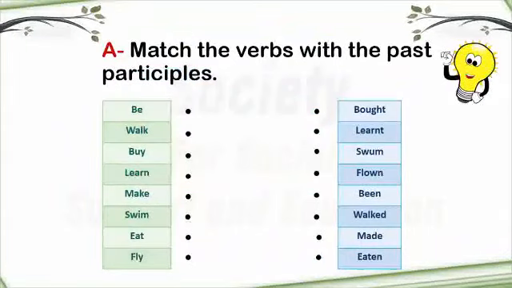Let's see, this is your first homework. Exercise A. Match the verbs with the past participle. There are a group of verbs on this side and another group on the other side. On this side you have be, walk, buy, learn, make, swim, eat, and fly. This is the main verb or the base verb, okay? You have to match them to the past participle of each, which is verb 3.